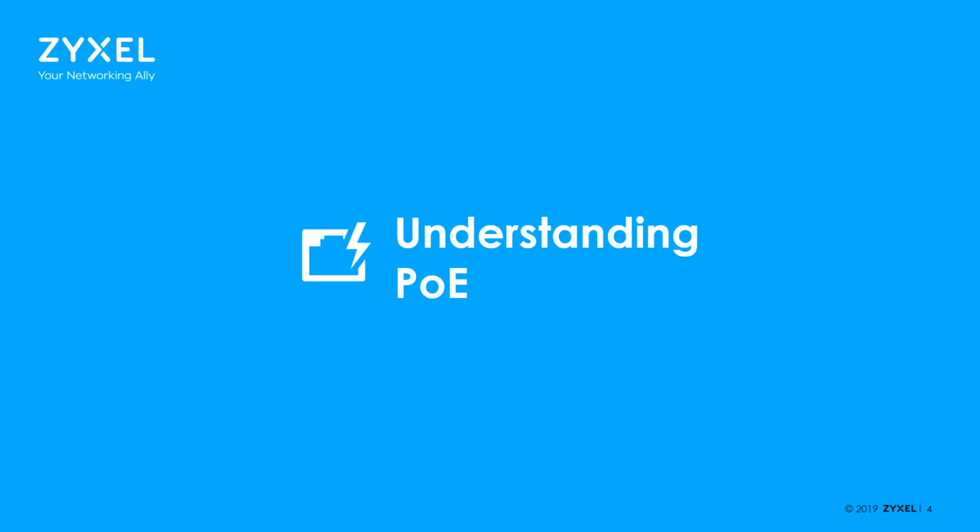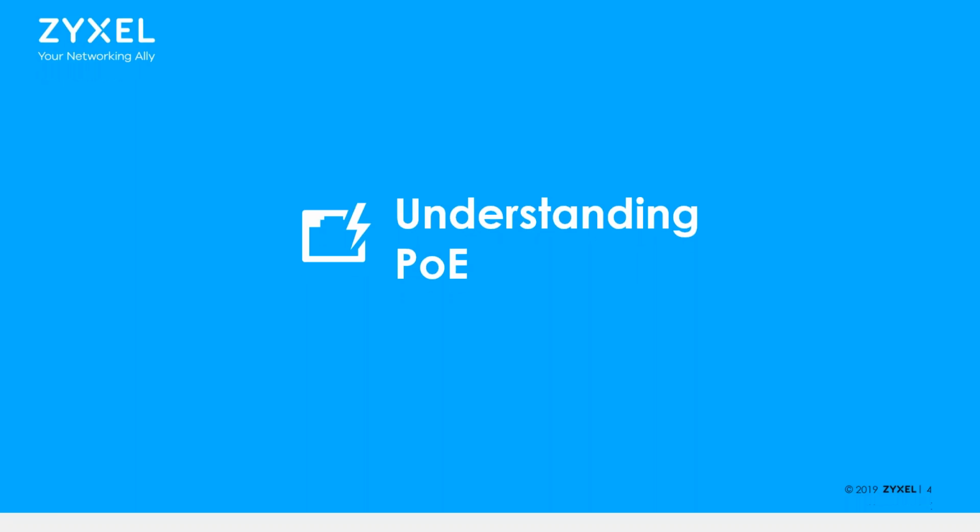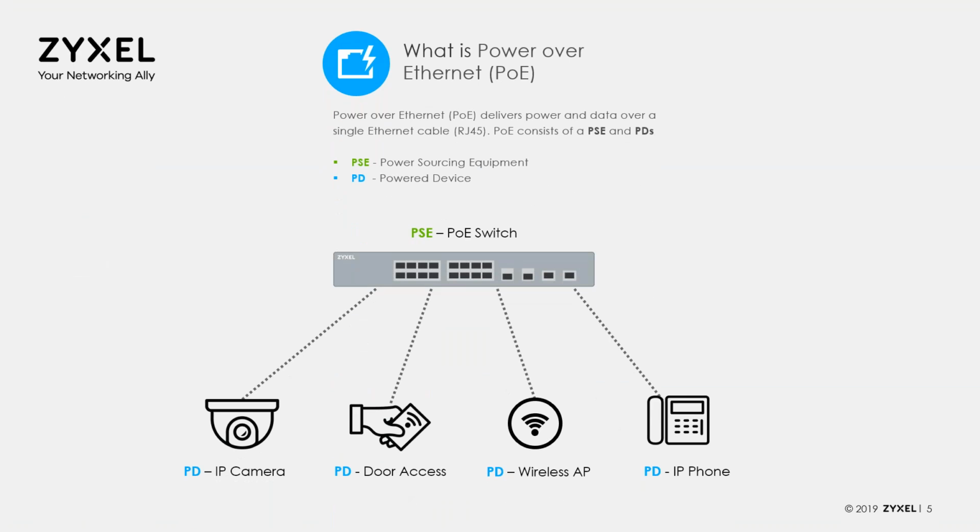So first, let's start with understanding PoE, because PoE is the heart of CCTV switches. So what is power over Ethernet? It's a way for us to send power to devices over Ethernet cable, simple as that. So we have a PSE, a power sourcing equipment, or a device sending that power.